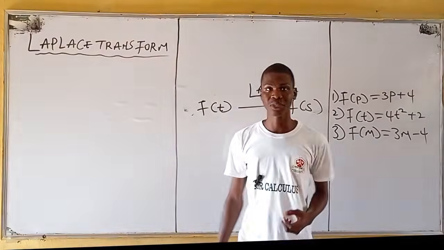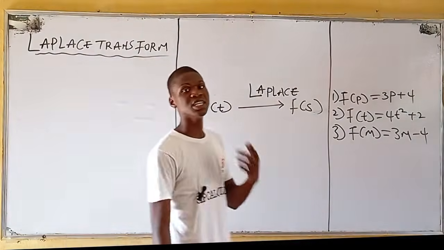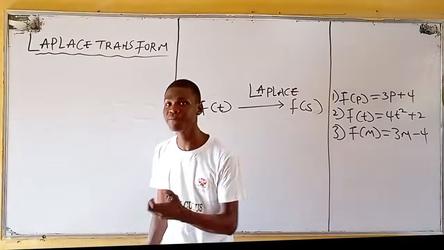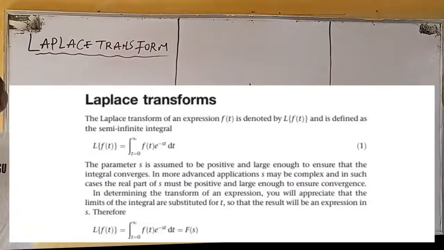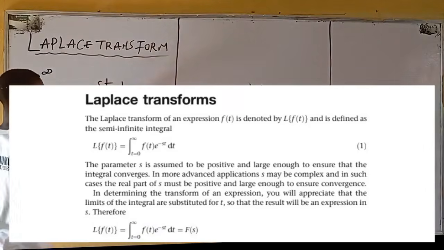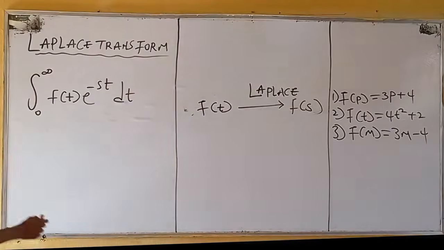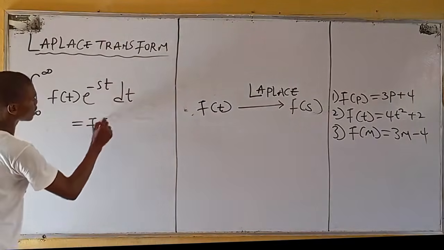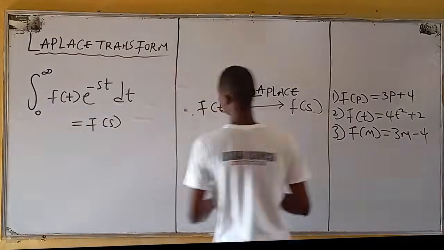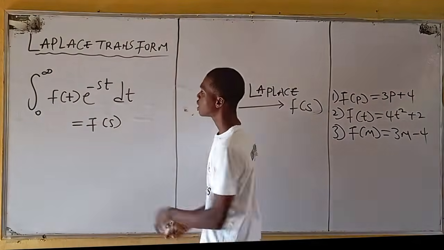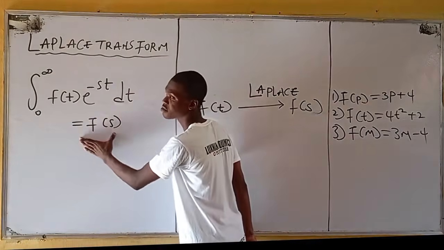Now, Laplace transform is defined by a semi-infinite integral, which is given as the integral from 0 to infinity of f of t times exponential negative st dt. Then you have your result as what? F of x.